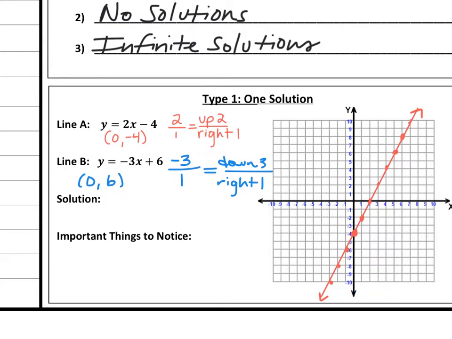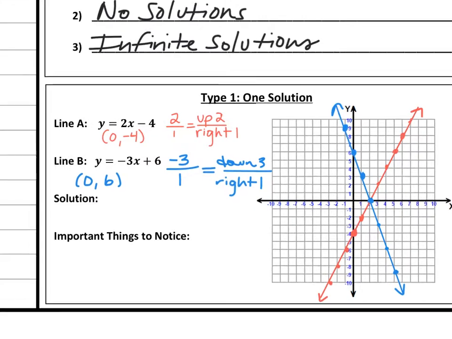And then from there I go down 3, right 1. It should be a nice negative line. Connect the dots because it's not a scatter plot. Check it, make sure it's nice and negative.